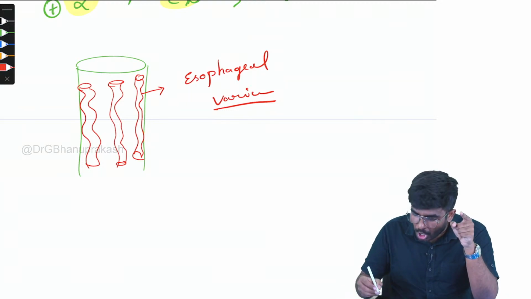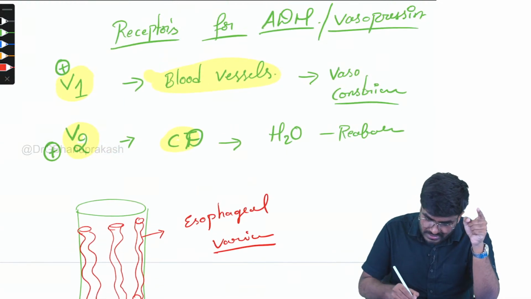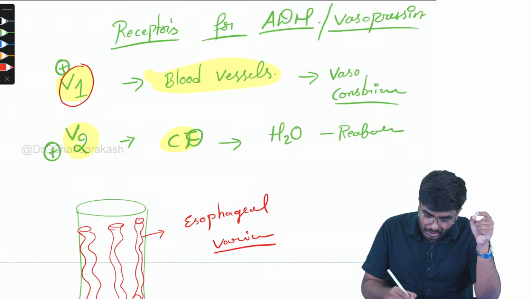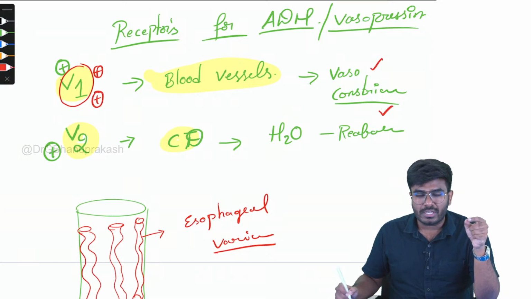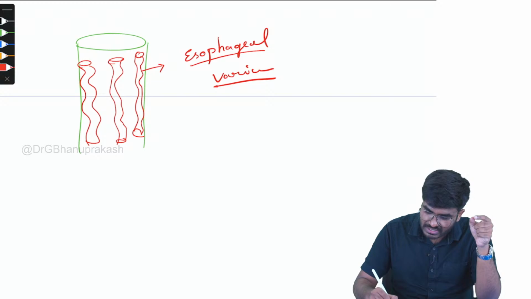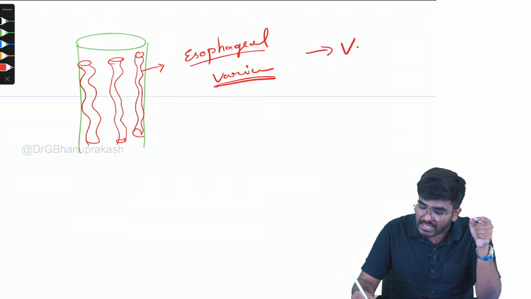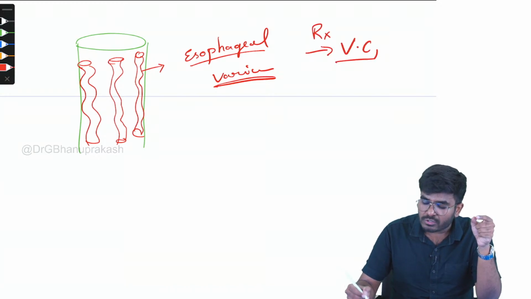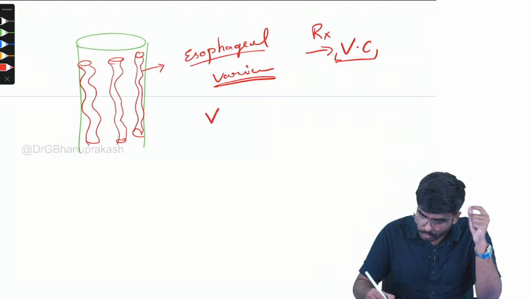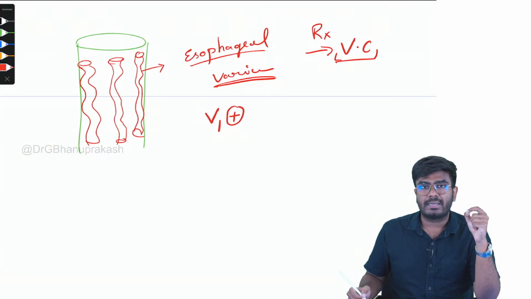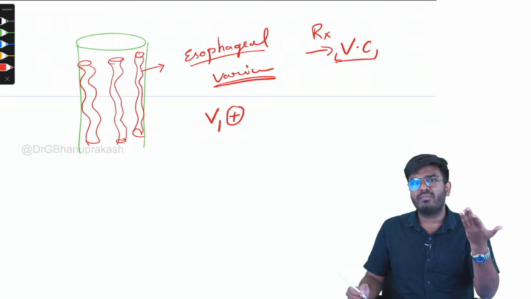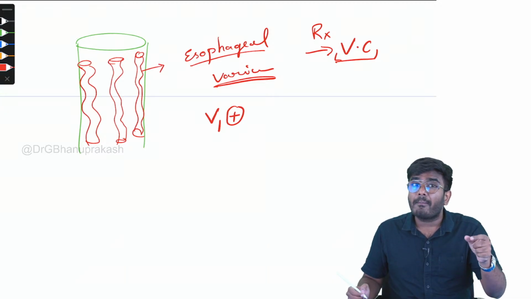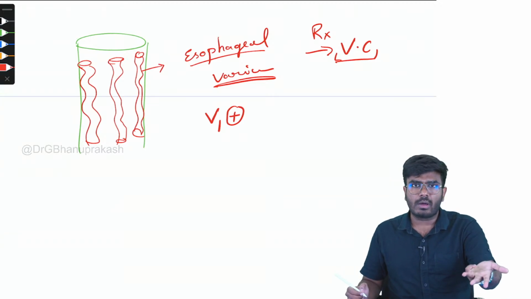We know that on the blood vessels there is the V1 receptor. If you stimulate this V1 receptor, that will cause vasoconstriction. So in esophageal varices, you need vasoconstriction. You should stimulate the V1 receptor. Normally V1 and V2 receptors are stimulated by antidiuretic hormone, but we can't give antidiuretic hormone from outside the body.